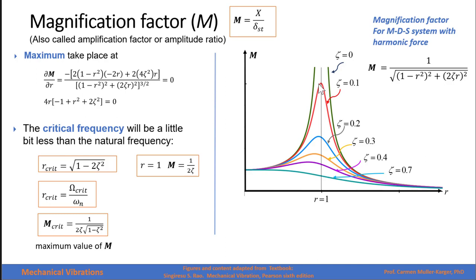And the value for the magnification factor at that R is equal to this expression right here, which is 1 over 2 zeta square root of 1 minus zeta squared. At R equals 1, the magnification factor takes the value of 1 over 2 zeta. And as you see, for values of zeta greater than 0.7, we do not have a maximum anymore. The curve for the amplification factor becomes flat.